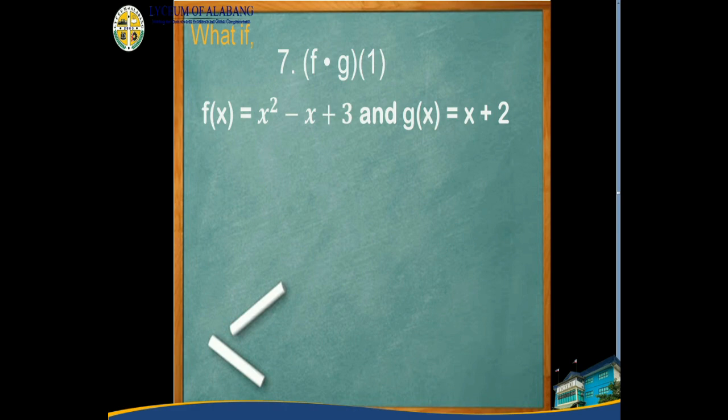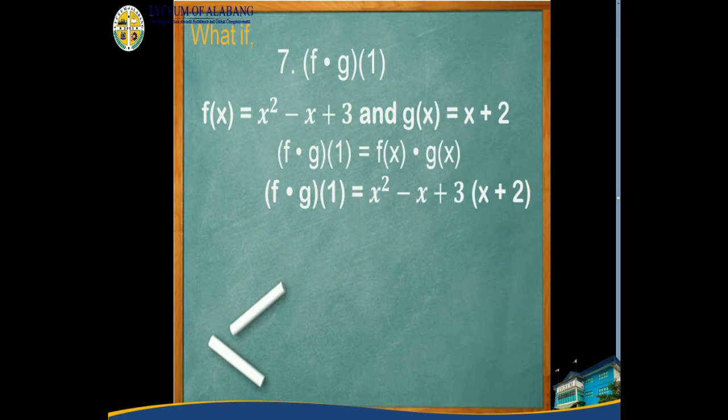The notation of the function f with g is f times g of 1 is equal to f of x times g of x. To get the product, substitute the value of f of x and g of x, and we have x squared minus x plus 3 times x plus 2.